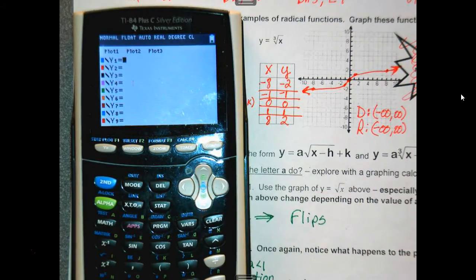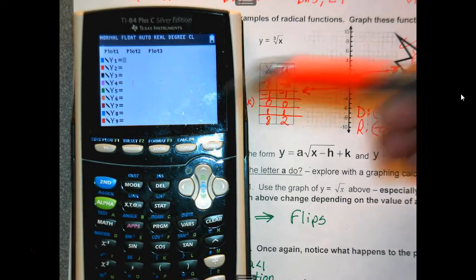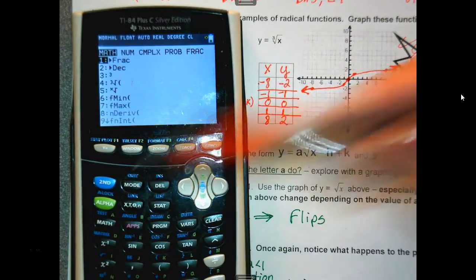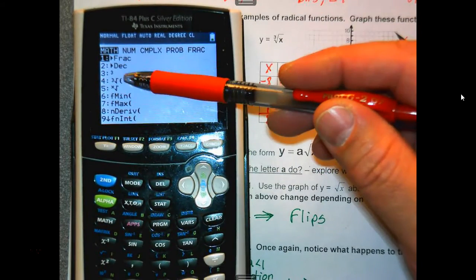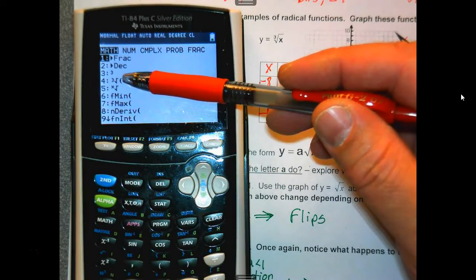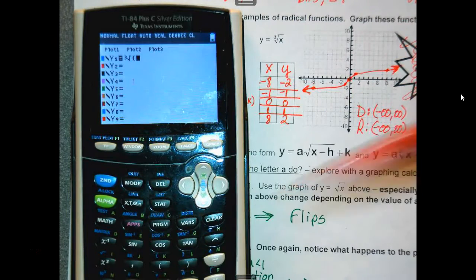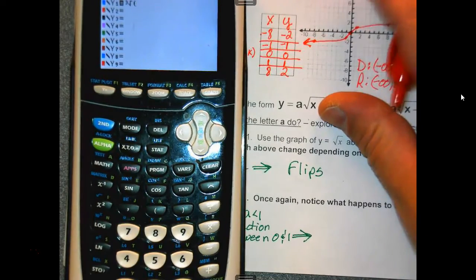But here's how we're going to put in the cube root. We're going to hit our math key. Then, see how it's down on number 4? Just hit the 4 key. And it brings up the cube root. Everybody got that? Because they're going to need it for the test, and you're going to need it soon. Okay, let's do it again.